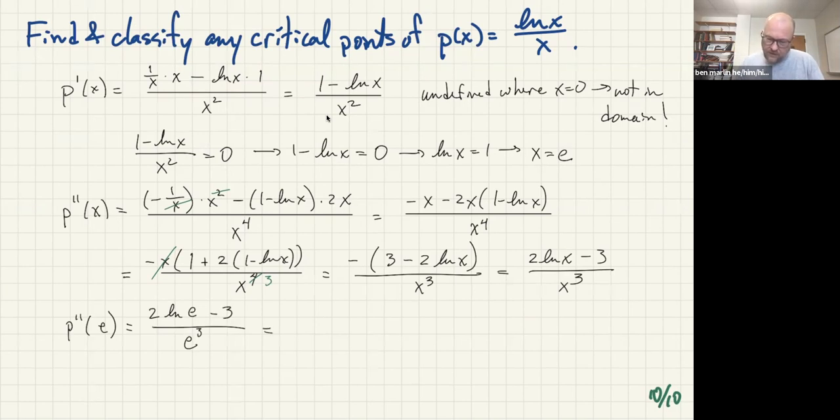So the log of e is 1, so that means we have 2 minus 3 divided by e cubed, so minus 1 over e cubed. Doesn't matter, right? It's negative 0.0 something. And so that is negative. So x equals e is a local, let's see, negative, so it's a maximum.